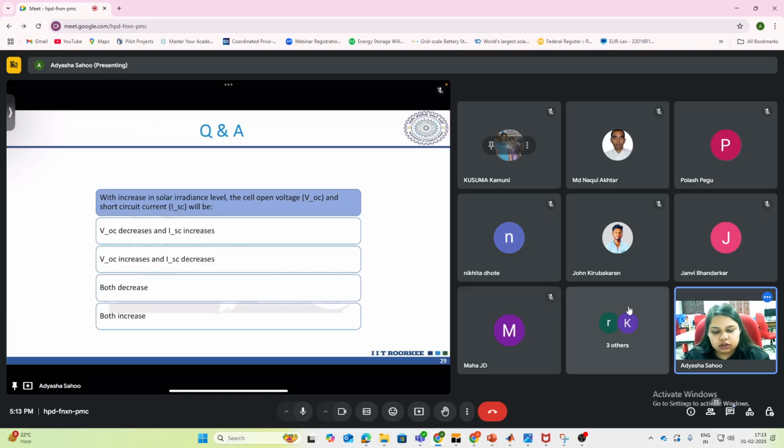Now, with the increase in solar irradiance level, what will happen to VOC and I short circuit?